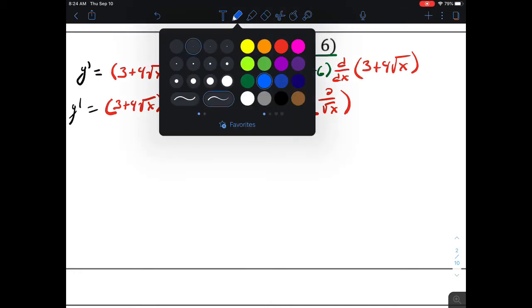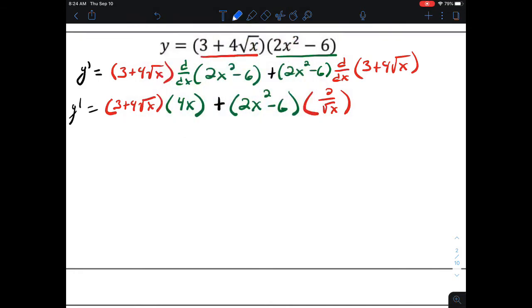Now, usually you can leave it like this if it's free response, but if it's multiple choice, chances are they probably will do something with this. And so I could multiply this out, and I have 12x plus 16 square root of x times x makes x to the 3/2.